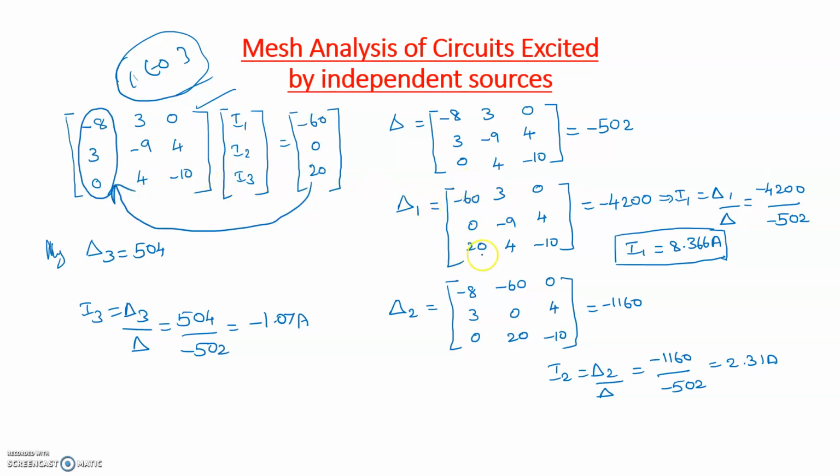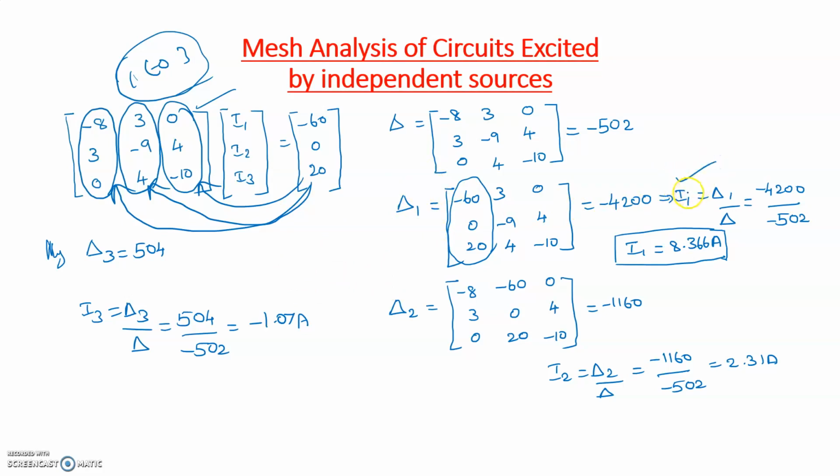For del 2, we replace the second column with this. For del 3, we replace the third column with this value. Then we will be calculating the values I1, I2, I3, once we have calculated del 1, del 2, del 3.